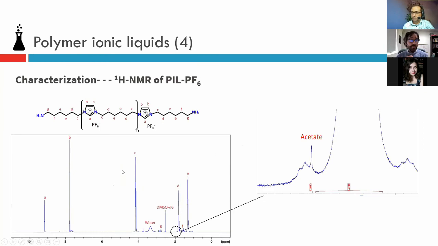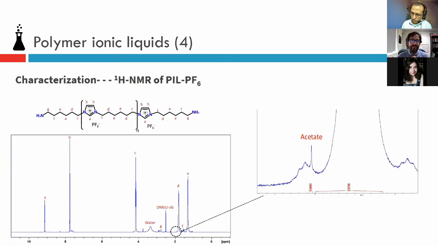Just for the confirmation of the structure of these polymeric ionic liquids, we use proton nuclear magnetic resonance. For applying this technique, it is very, very important to do this purification process, because if you analyze the bulk polymeric ionic liquid in the acetate form, you are going to observe peaks coming from the polymer, but also peaks coming from all the reagents that you have used for the synthesis.